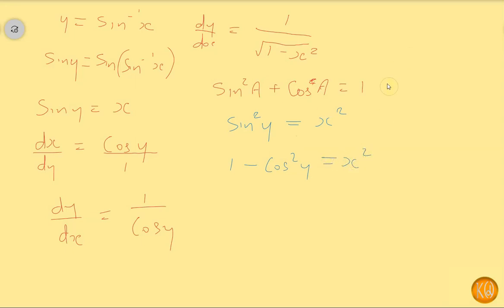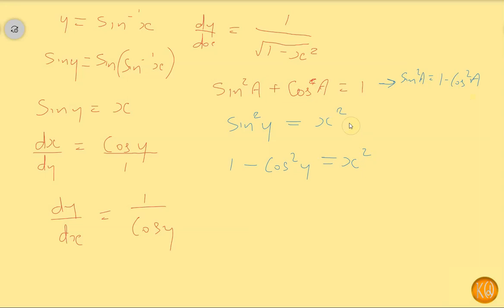If we follow from this formula here, if you're still not clear, if we should make sine squared a the subject, right, then sine squared a would be equal to 1 minus cos squared a, right?